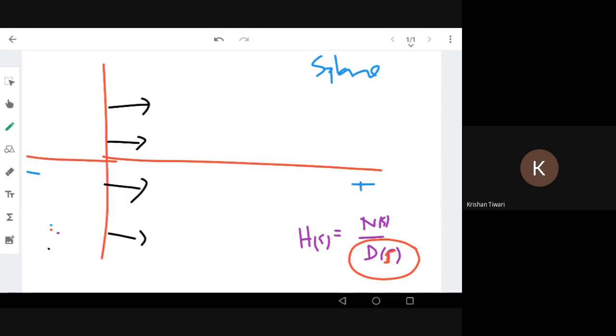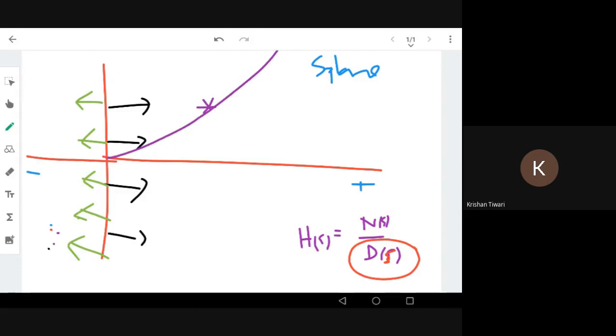But if the poles remain on the left side of the origin, we call that system stable. So if the roots remain on the right side of the S-plane, that means we have an unstable system.